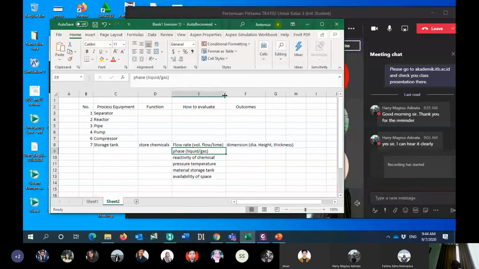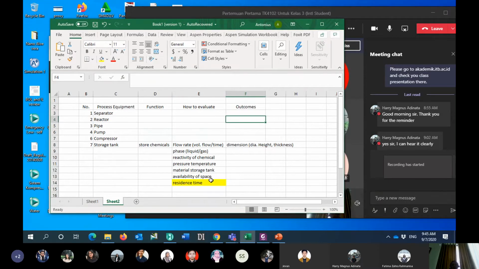But the outcome of the storage is only volume. So to connect the flow rate and the dimension, which is the volume of the storage, the evaluation is based on what is called the residence time. This is the important parameter.